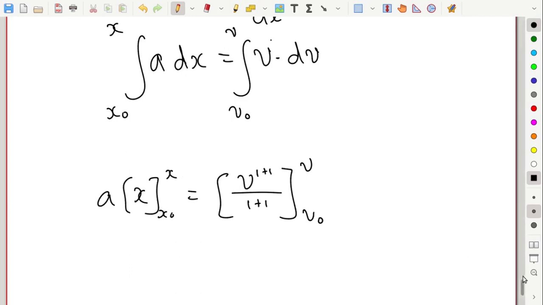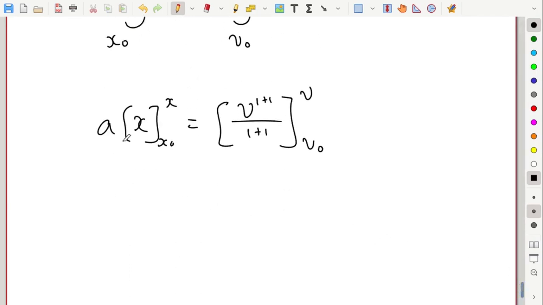Okay, that's all, it is finished simply. So we have a times upper limit minus lower limit. Upper limit first, then lower limit. Here similarly 1 plus 1 is 2, I take it outside.